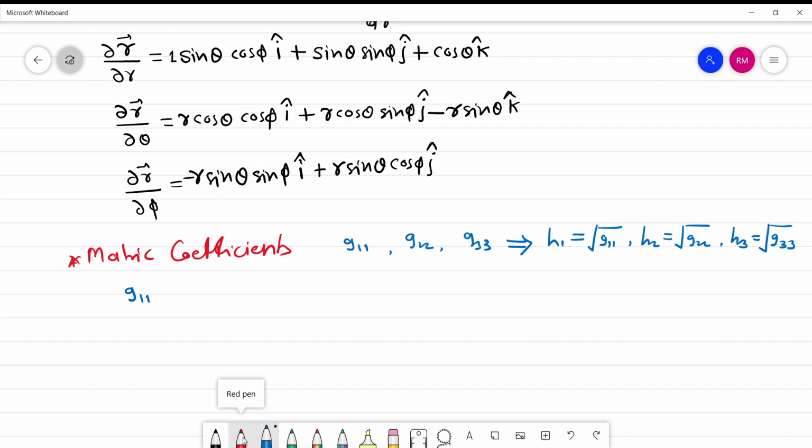That is very simple, and we have done it earlier. So okay, let us try to find the metric coefficient. So G11 is delta r bar by delta r dot delta r bar by delta r.